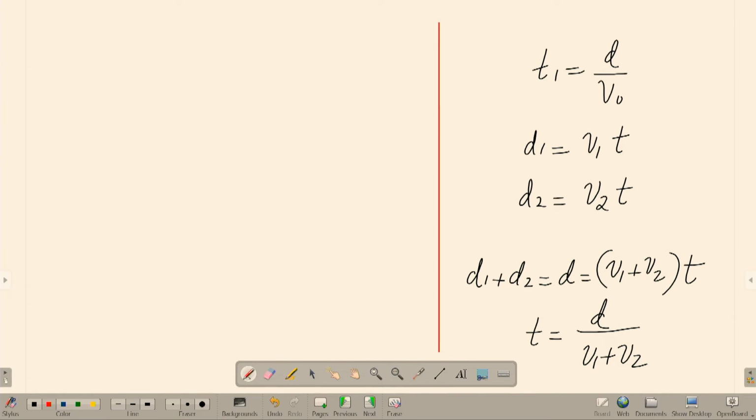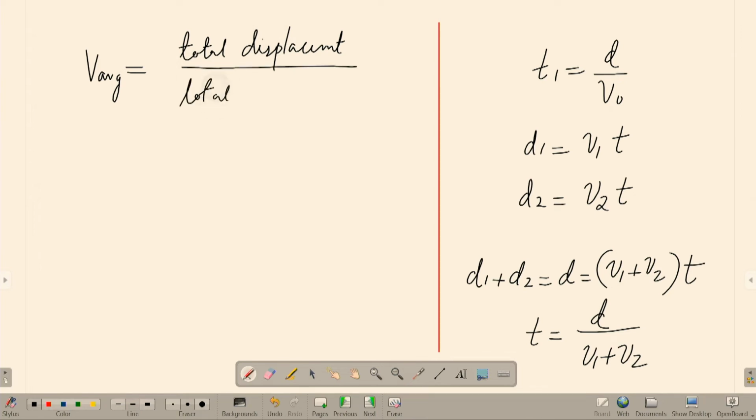Now we have to come to the equation for average velocity. What is average velocity? V average is going to be equal to the total displacement by total time taken.